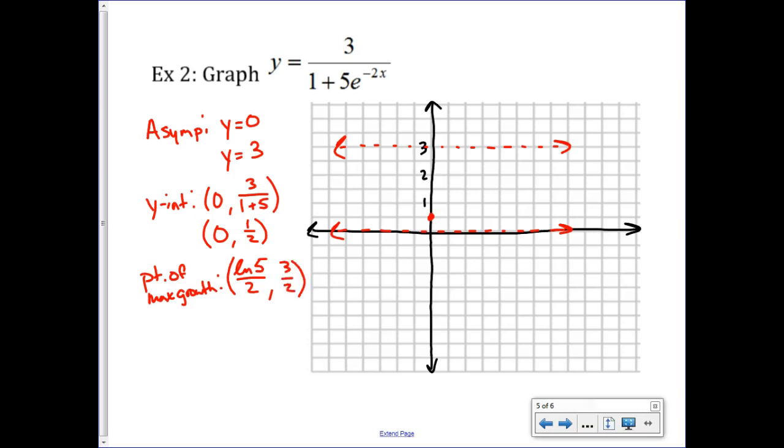So the natural log of 5 divided by 2 is about 0.8. So I'm going to be over 0.8 on the graph. And then I'm going to be up 1.5. So I'm going to go again by halves here just to see a little more spread out on the graph. So 0.8 would be about here, and up 1.5 would be here.